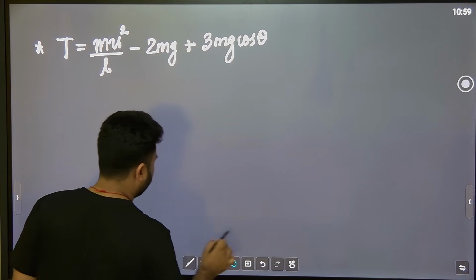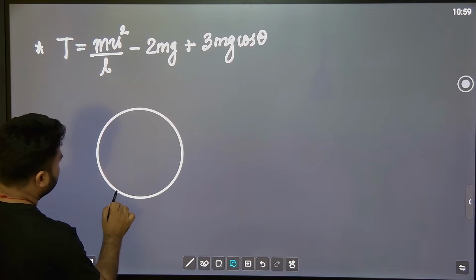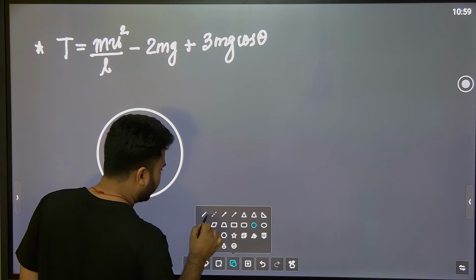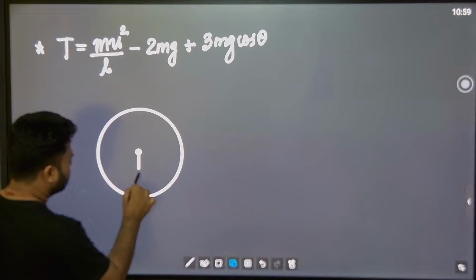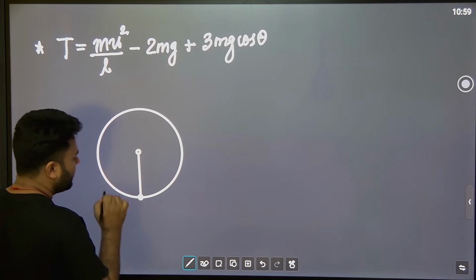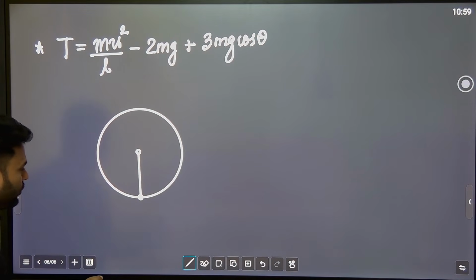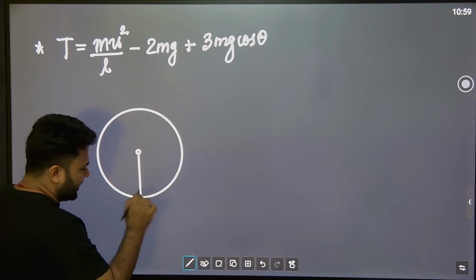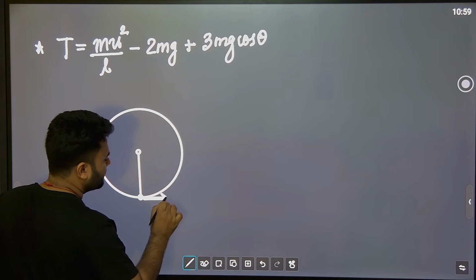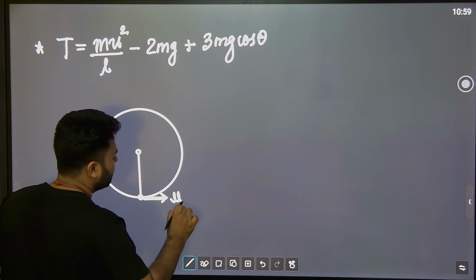See here carefully. The object is performing vertical circular motion. You projected this ball with a speed u here at the bottom.